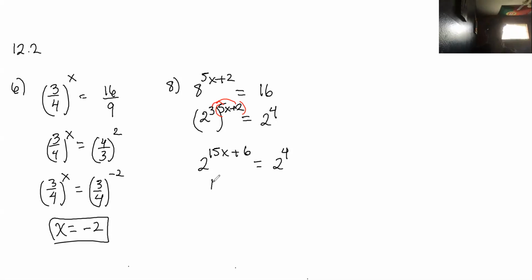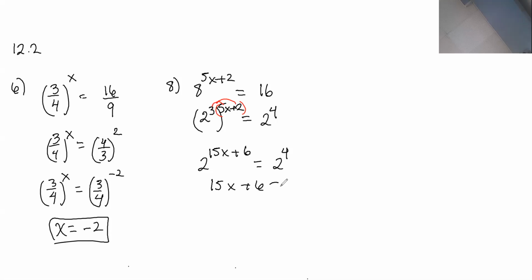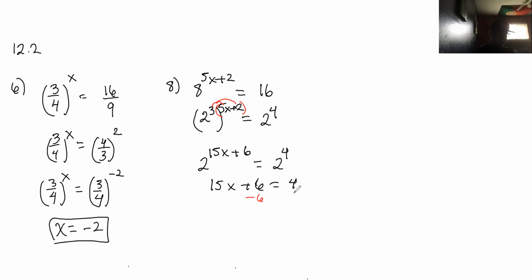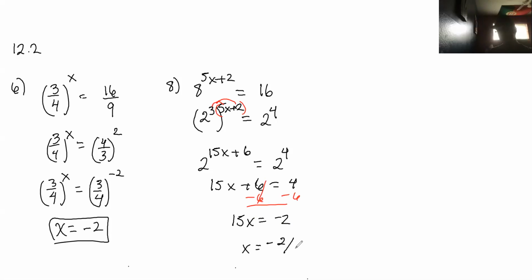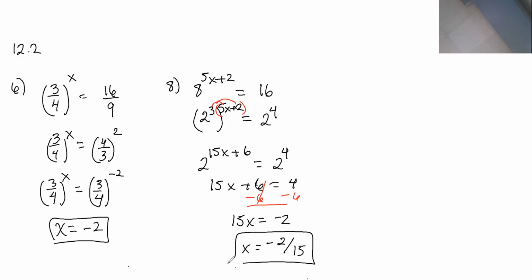Okay, so I can drop the bases. 15x plus 6 equals 4. And you solve. All right, how would I solve that? Subtract the what? 6. Giving me 15x equals -2. Divide, what's my final answer? -2/15. Got it? Questions?